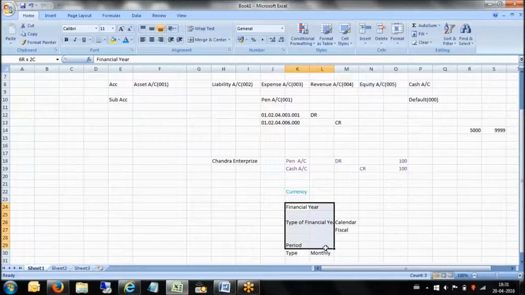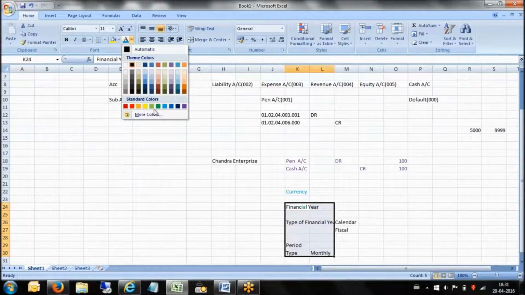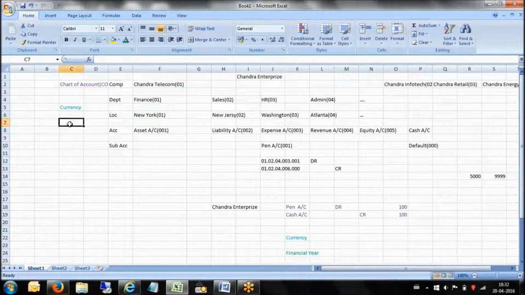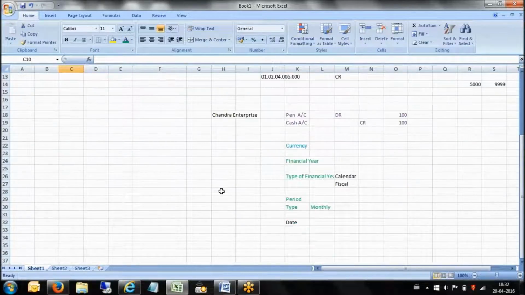Next is this. To define all these four things in the application, we are given one setup screen, period type. Now this date.